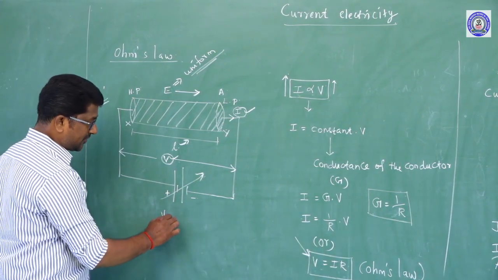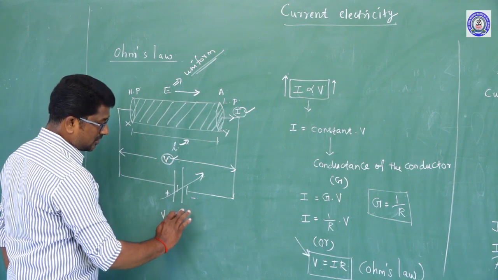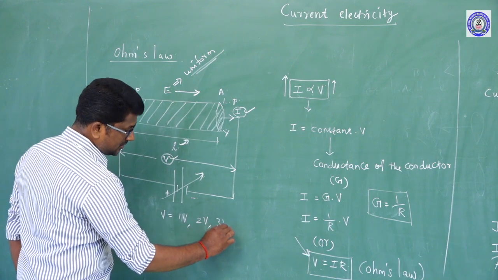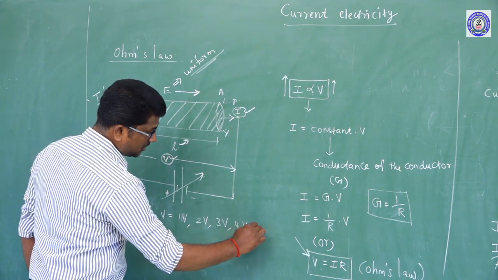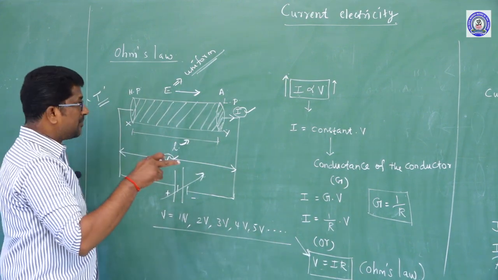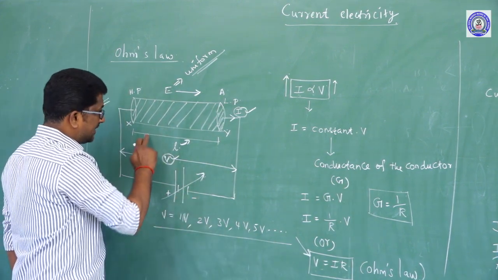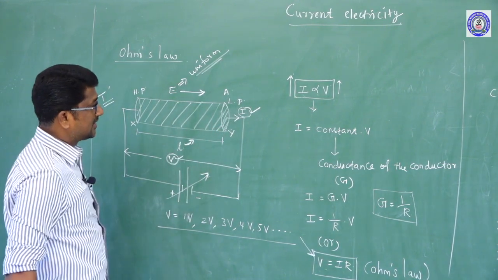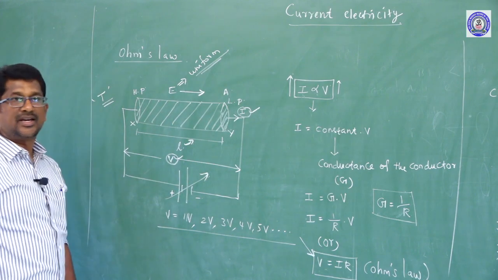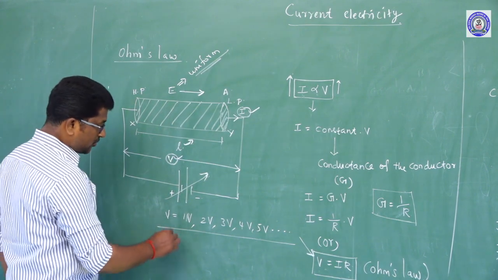Suppose the potential difference is varied: 1 volt, 2 volt, 3 volt, 4 volt, 5 volt, like that. According to Ohm, if the potential difference applied across the conductor is changed, then the magnitude of current flowing through the metallic wire also changes, right.